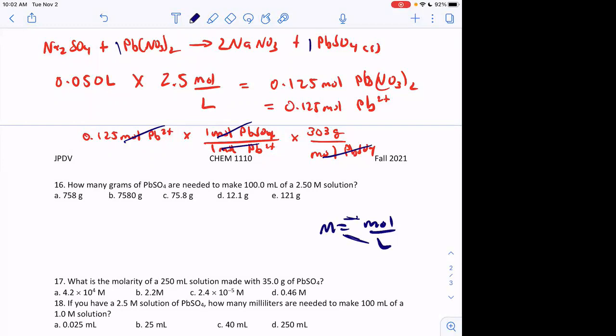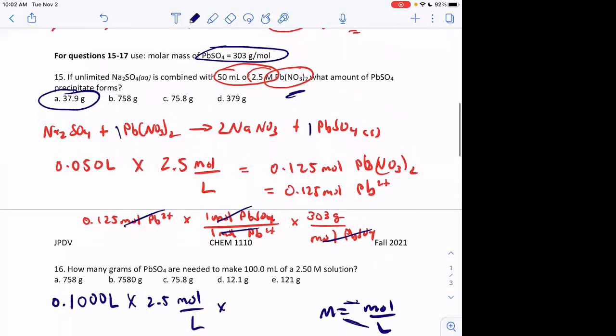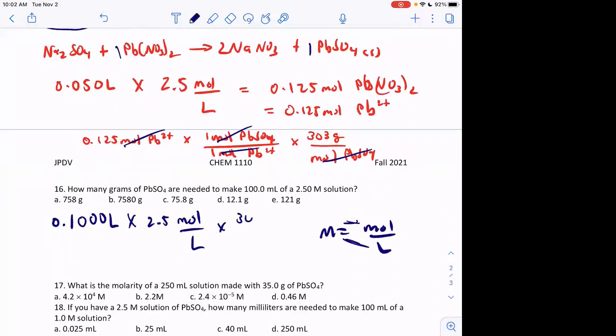So in this case, all we need to do is say 0.1 liters, 3 zeros, I didn't want to lose significant figures, times 2.5 moles per liter, and that's it. Well, no, that's not it. We need the grams, right? Times 303 grams per mole. What do we get? C.